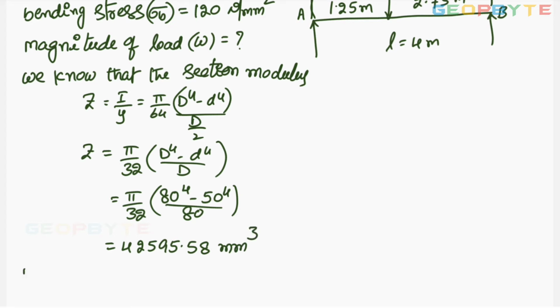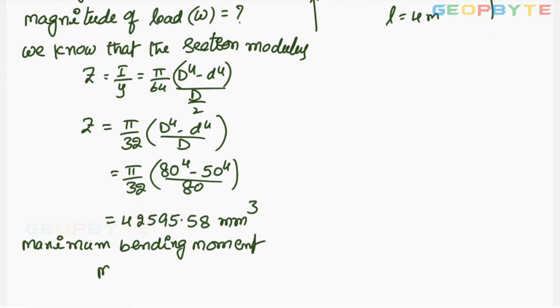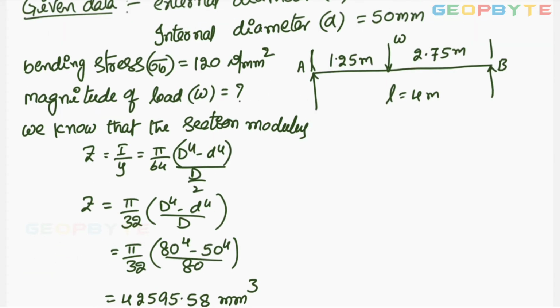Then the maximum bending moment. Maximum bending moment M equals sigma into Z. Here, how much is sigma given?